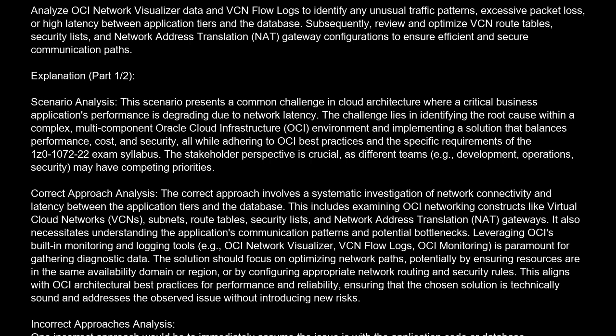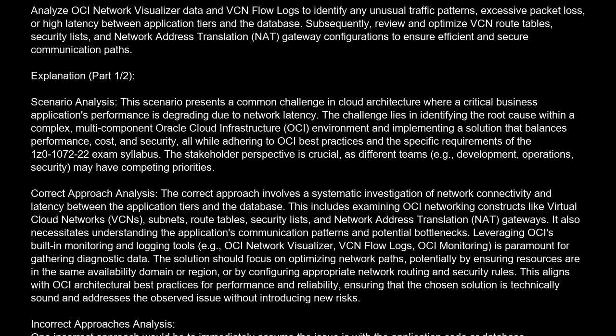Correct approach analysis. The correct approach involves a systematic investigation of network connectivity and latency between the application tiers and the database. This includes examining OCI networking constructs like virtual cloud networks, VCN, subnets, route tables, security lists, and network address translation, NAT, gateways. It also necessitates understanding the application's communication patterns and potential bottlenecks.